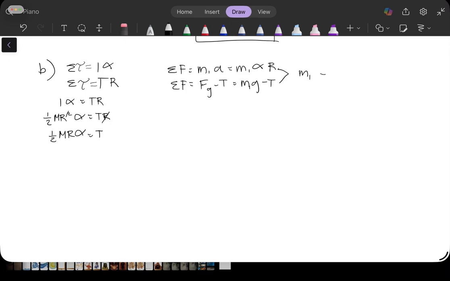And then we can set these two as equal to each other. And then we know T right here, so we're going to substitute that in.